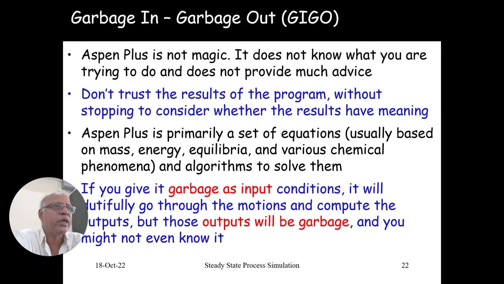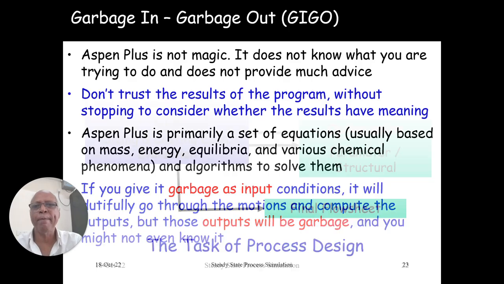It will accordingly dutifully calculate and give you the output, which may not be really representing the actual practice. So the expertise, the domain knowledge of the user will come into picture in making appropriate decisions. In other words, the output is going to be as good as the input that you provide. If you make a mistake, the mistake will reflect in your output. So please keep it in mind.